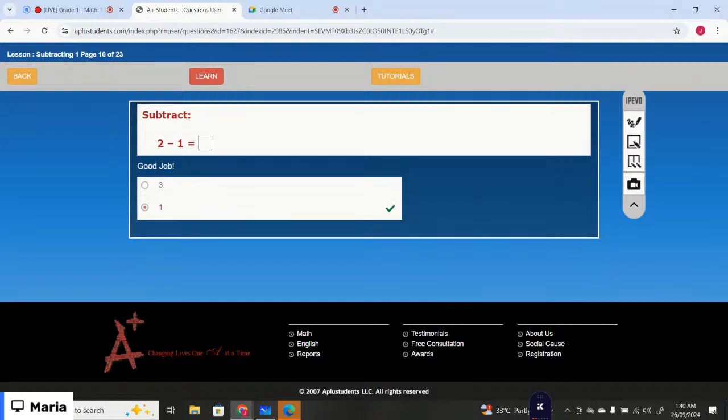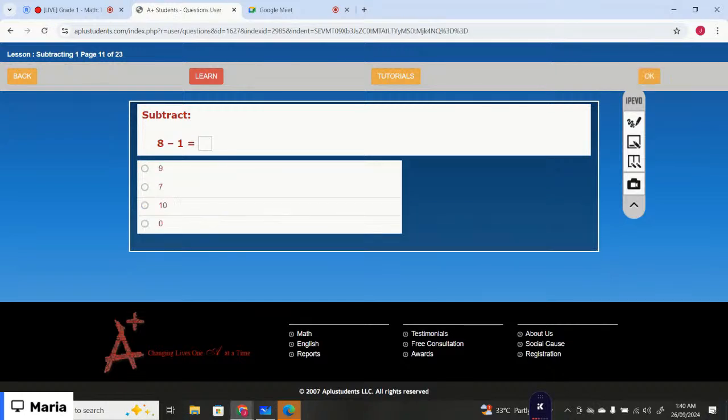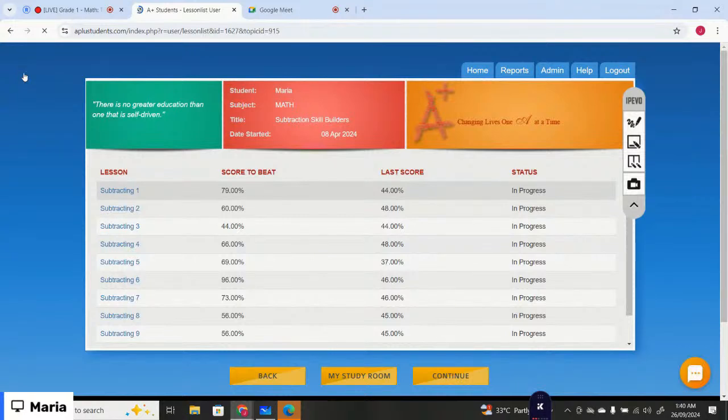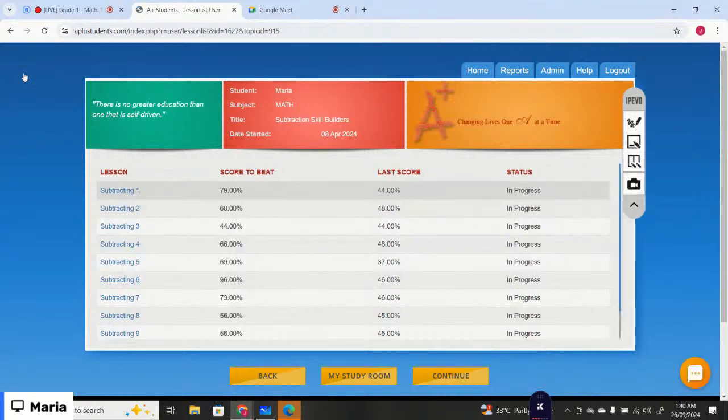So you can complete the lesson by yourself later today. So basically we are learning how to subtract. Subtracting all the numbers is exactly the same, right? The method is the same, just the numbers are different. So we'll do the rest of the lessons in the next session.